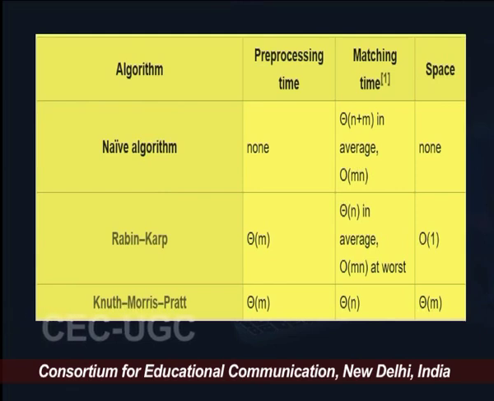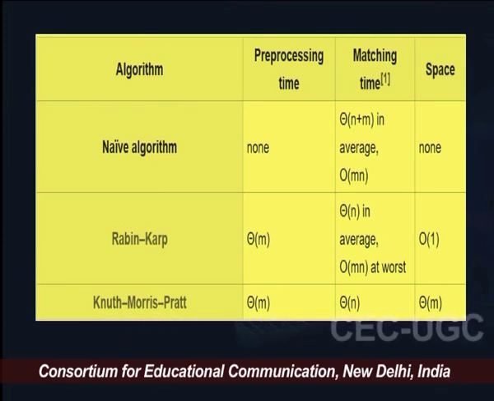Then we have the Knuth-Morris-Pratt algorithm, KMP, in which the pre-processing time is theta m, the matching time is theta n, and the space complexity is also theta m. All these 3 algorithms we are going to explore in detail.